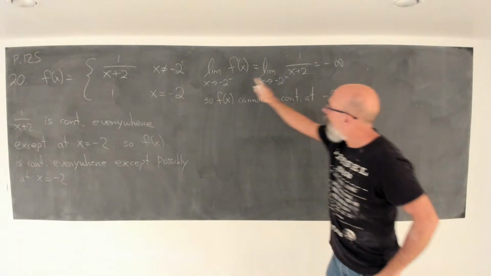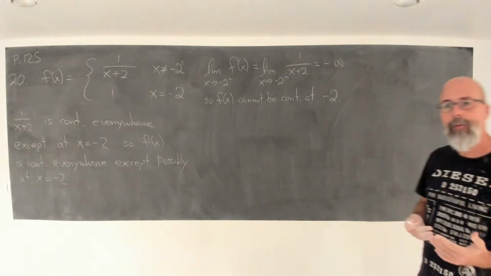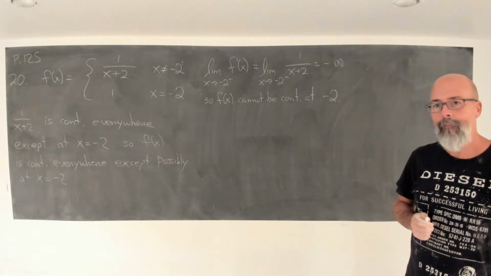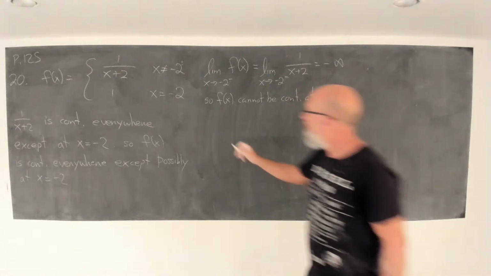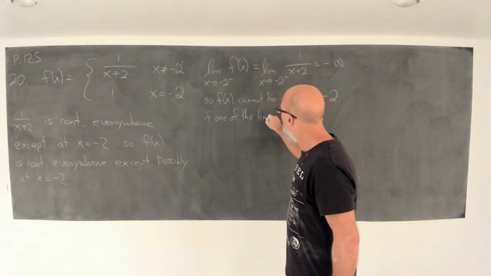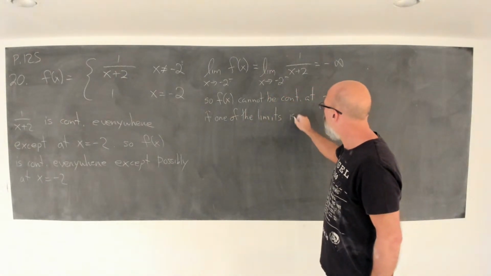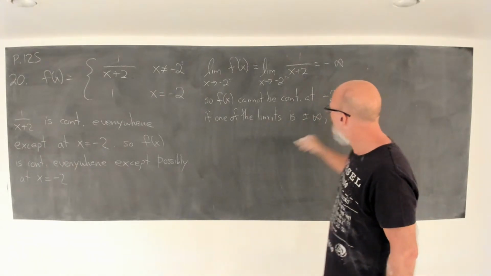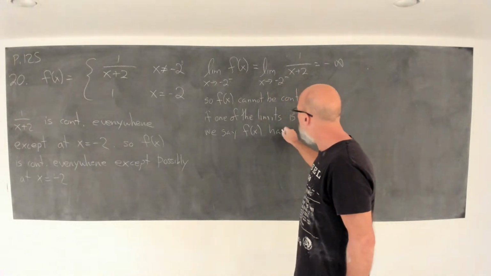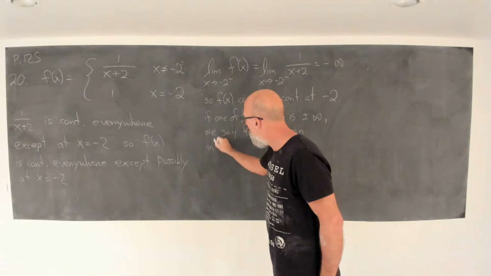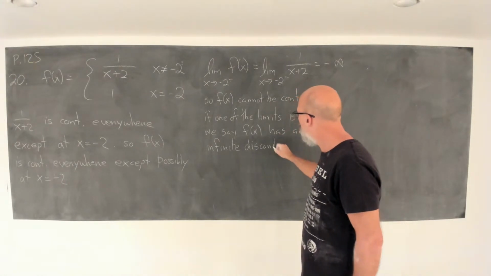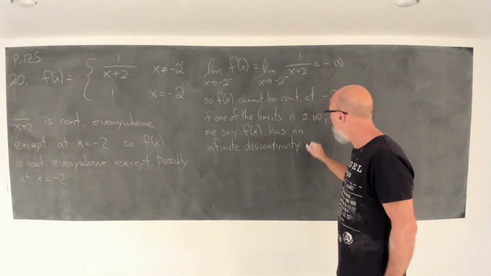And as soon as either a limit from the left or a limit from the right is equal to some sort of infinity, if one of the limits is some sort of infinity, we say f has an infinite discontinuity at that point.